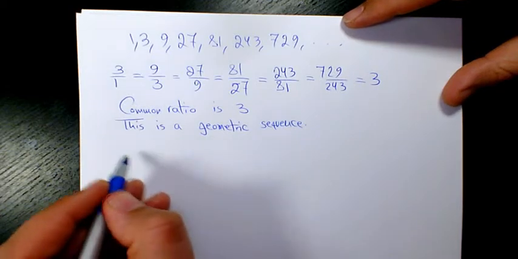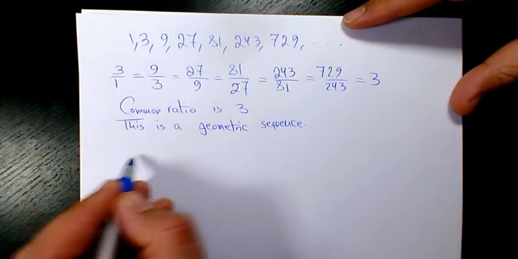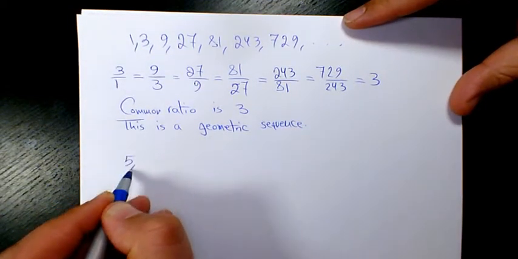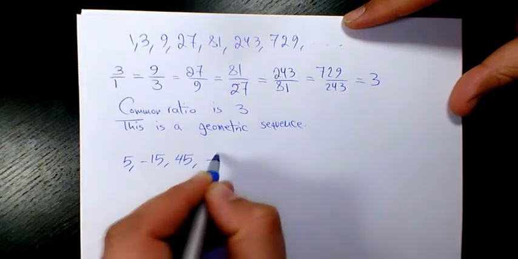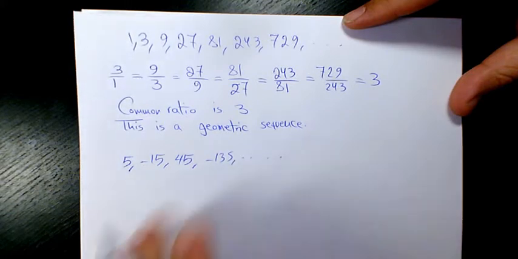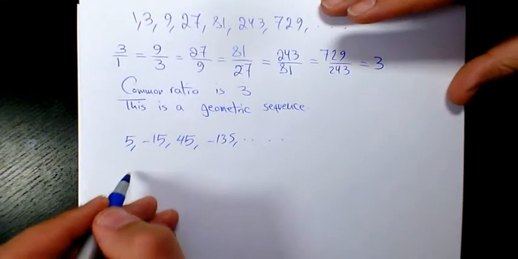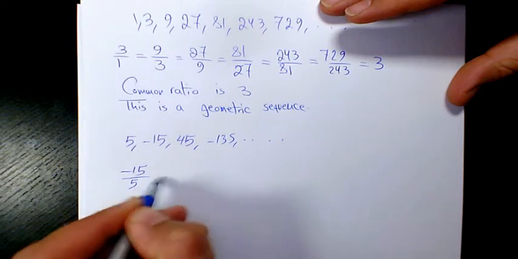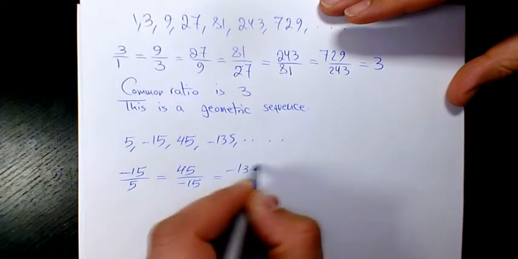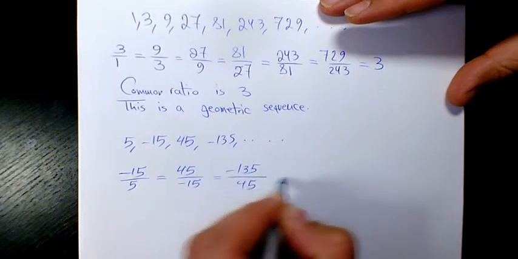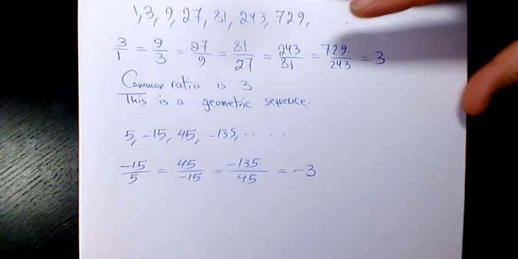Next, you have 5, negative 15, 45, negative 135, and so on. Again, negative 15 divided by 5 equals 45 divided by negative 15 equals negative 135 divided by 45. So that's going to be negative 3.